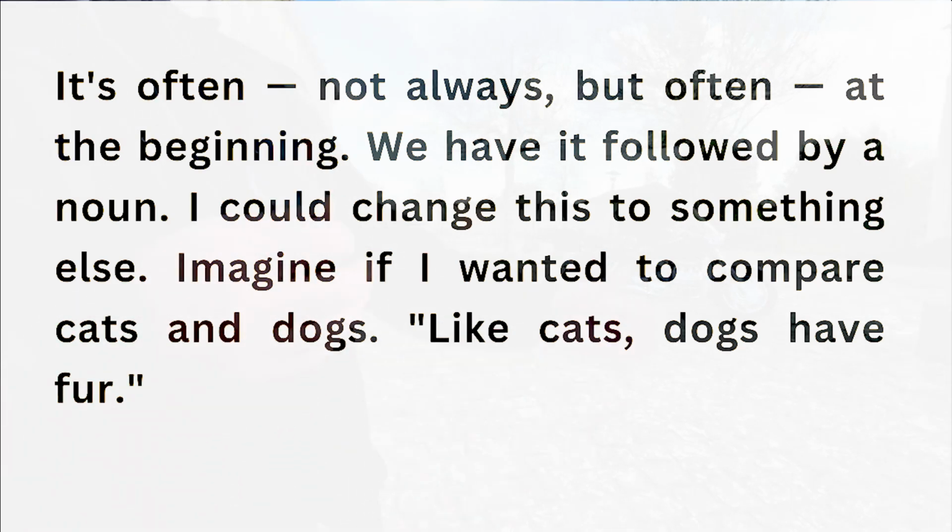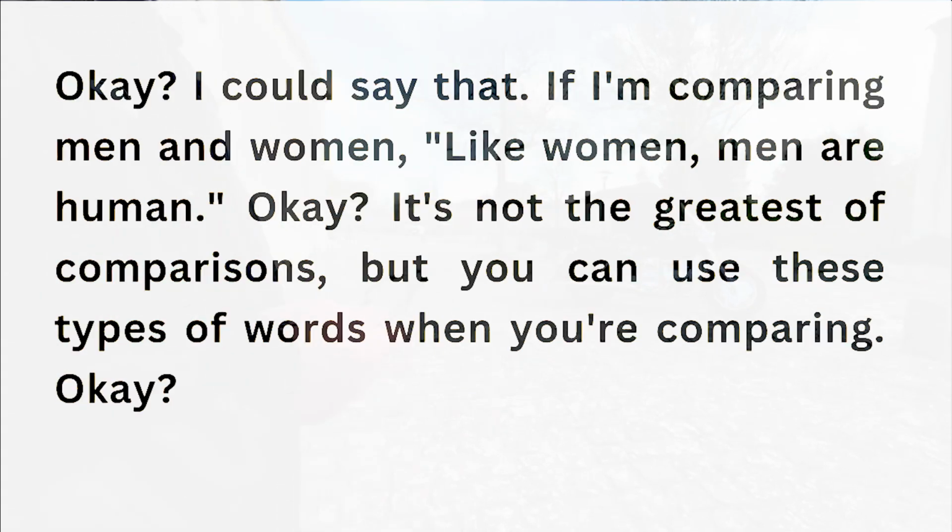We have it followed by a noun. I could change this to something else. Imagine if I wanted to compare cats and dogs. Like cats, dogs have fur. Okay? I could say that. If I'm comparing men and women, like women, men are human. Okay? It's not the greatest of comparisons, but you can use these types of words when you're comparing.